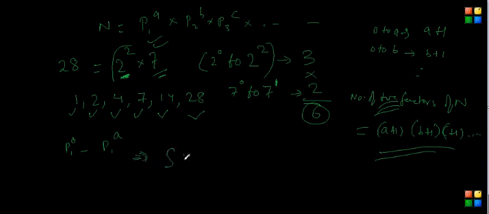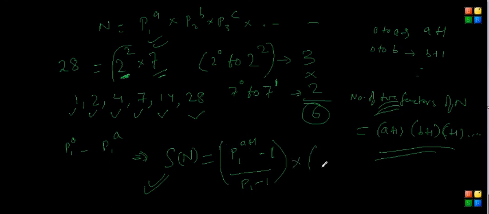So the sum of all the factors of n, let me represent this by Sn, will be represented by the individual geometric series sum of each of these factors. So it will be nothing but (p1 to the power a+1 minus 1) by (p1 minus 1), and by the law of multiplication of counting, I can directly write it as (p2 to the power b+1 minus 1) by (p2 minus 1), and so on and so forth.